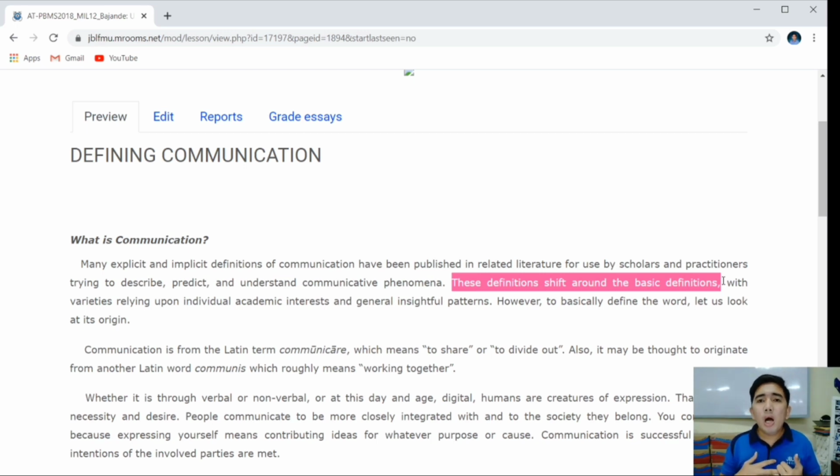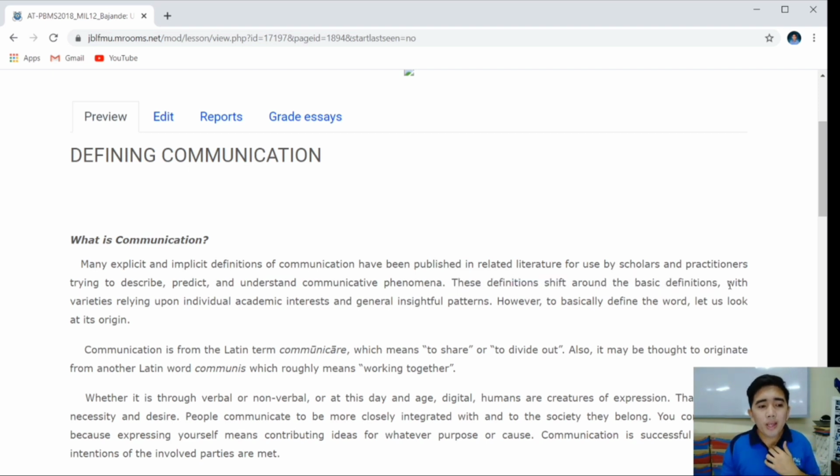They try to evolve the meaning of communication because as time goes by, communication in its essence really changes. Before, we could only define communication as verbal and non-verbal. Today, we can define communication as a tool for us to spread information over an online platform, or using the internet.